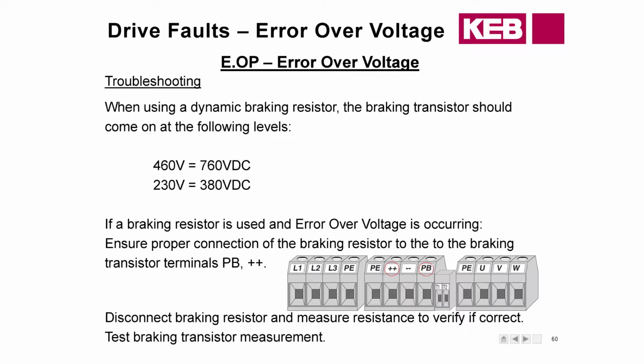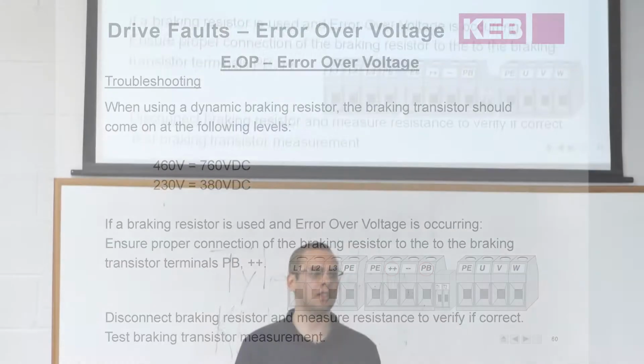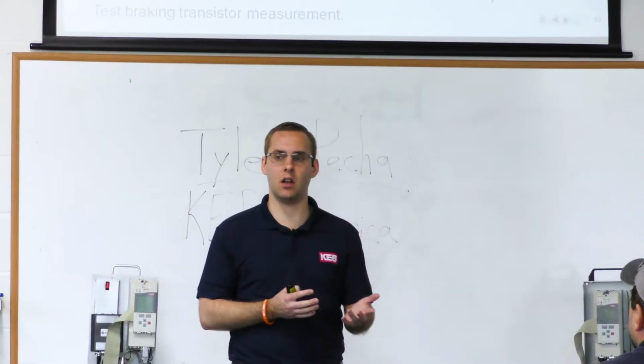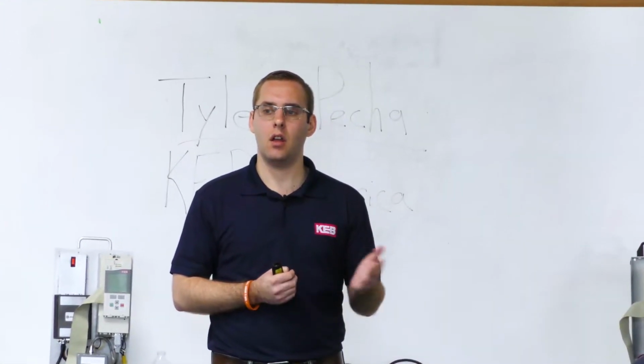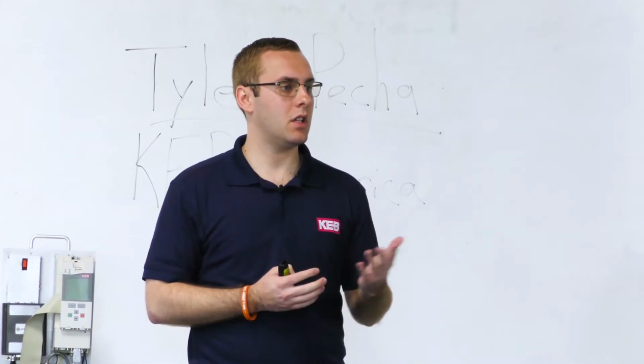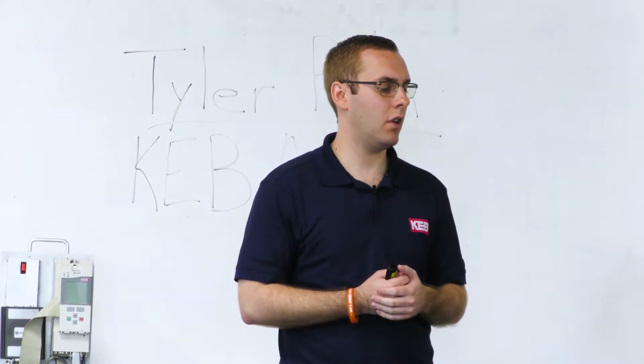Another thing with the E.OP to look at is, are you using braking resistors or are you using a regen? Because troubleshooting is going to be different there. I'll start out with the braking resistors, just because that's the simpler application. With braking resistors, one thing you can check is the actual resistance of the resistor, making sure that it is what it's supposed to be, at the appropriate level.